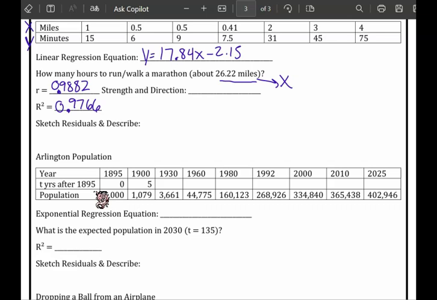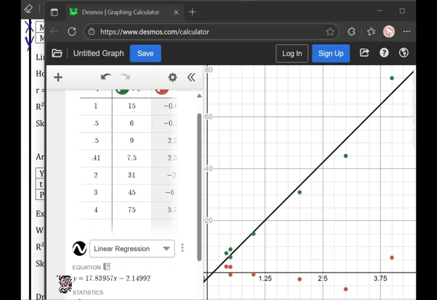All right, so looking at our correlation coefficient is 0.9882. That is a strong positive. Look at the residual plot, the red points. It looks like a lot of them are clustered here, and then they kind of go down and then back up. Let's sketch a picture of that on our paper.